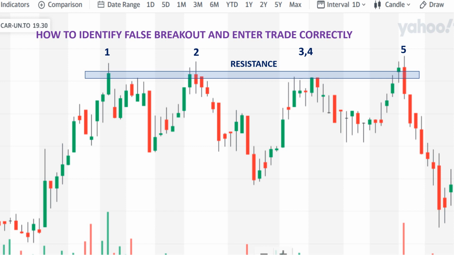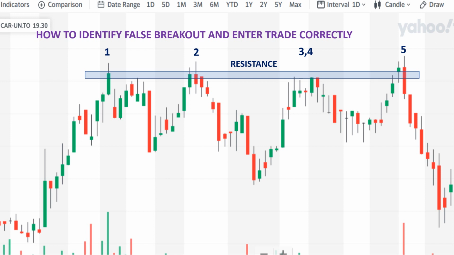Some traders mistakenly interpret the breakout as a valid signal and enter a long position during this last swing high. However, shortly after entering the trade, they often get kicked out due to their stop loss order being triggered.